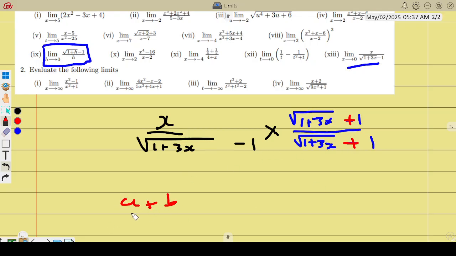Yeah, just a quick recap: if the function is a plus b, then the conjugate is a minus b, and vice versa. So at this point we're going to multiply. What is x times all that? It's going to be x multiplying the whole lot of it, the square root of 1 plus 3x plus 1. So you have to be careful not to write it under the radical.